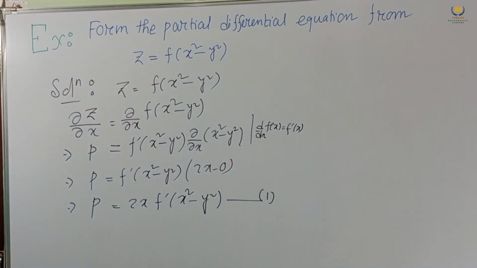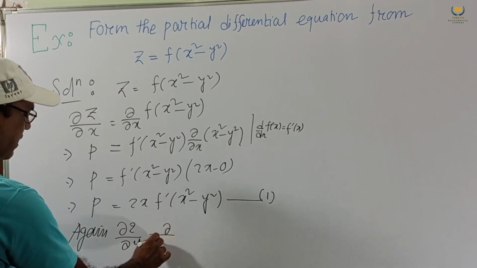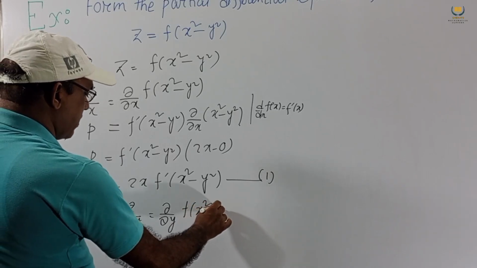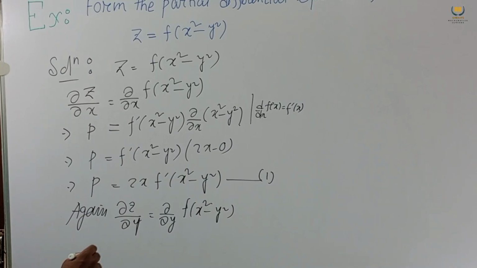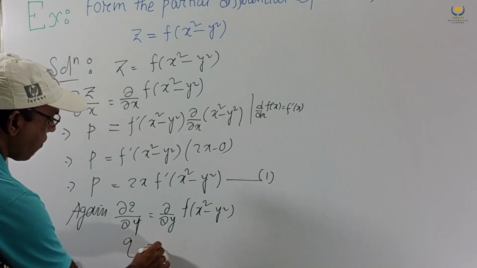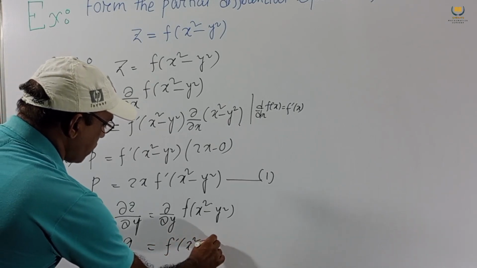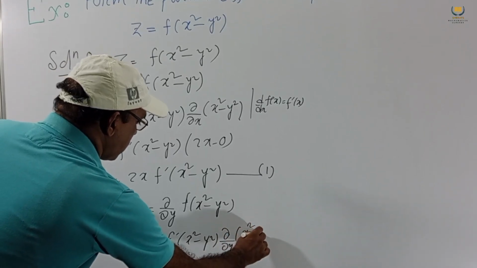Next, we differentiate again with respect to y. Del z by del y is del by del y of f of x square minus y square. So del z by del y means q, and this is f dash of x square minus y square times del by del y of x square minus y square.